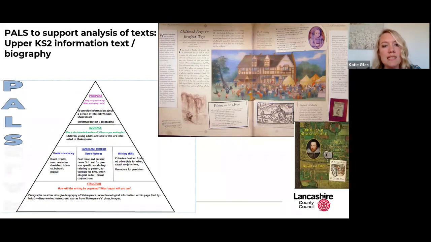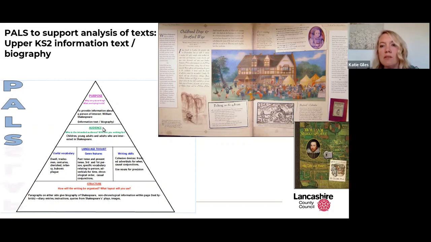Okay. It is an information text / biography. We have got information on the page, but we've also got a biography as well. In terms of the audience, this time, it could be children, it could be young adults, but it could also be adults who are interested in Shakespeare.